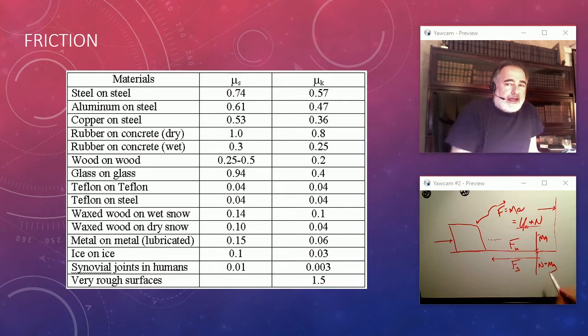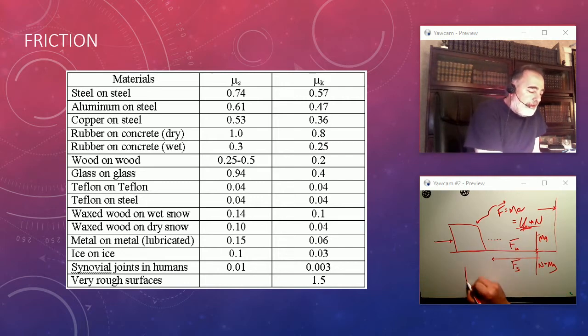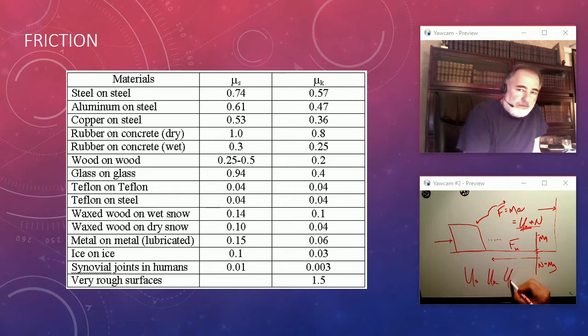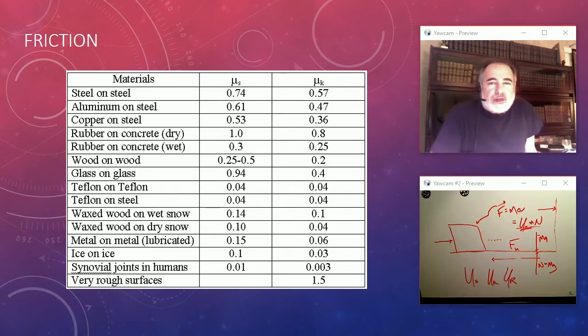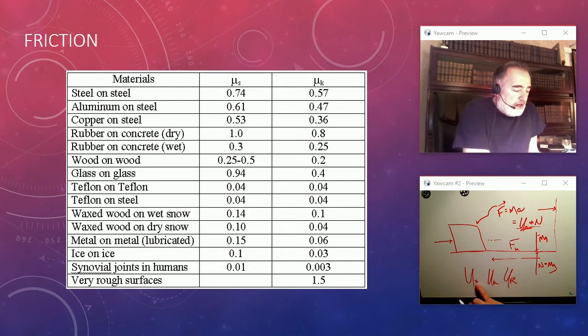So what is that coefficient of friction? Well, it depends on the surface. It depends if we're talking about static, kinetic, or rolling. Static is the coefficient for those particular two materials that keep it stationary.